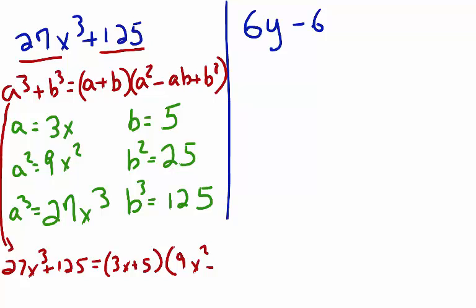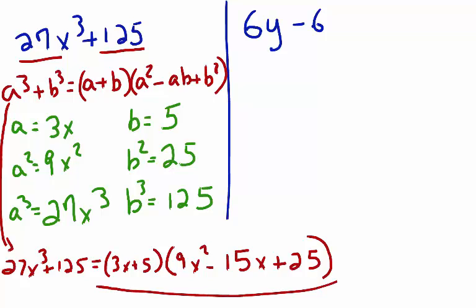I'll multiply those together and write 15x plus b squared. B squared is 25. So using the sum of cubes formula, we have factored the expression 27x cubed plus 125 into this statement.